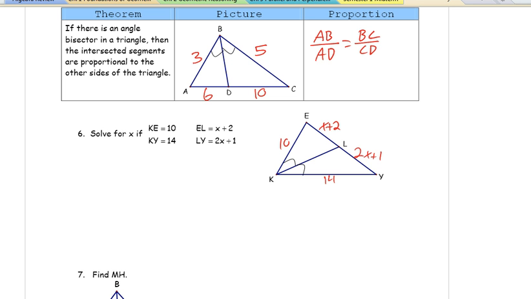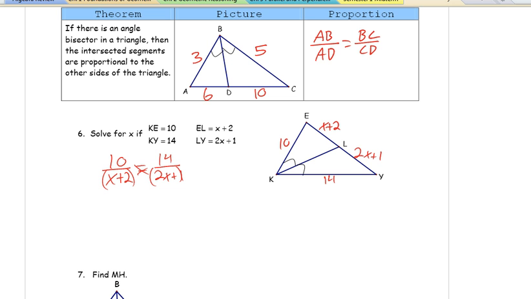So the way I'll do this is I'll do 10 over x plus 2. So I went from the side to this base side here. 10 over x plus 2 equals 14 over 2x plus 1. So this one you might have to turn your head a little bit as you see it, but again, there's different ways you can do it. I just did it because that's how I see it. You could change it up.